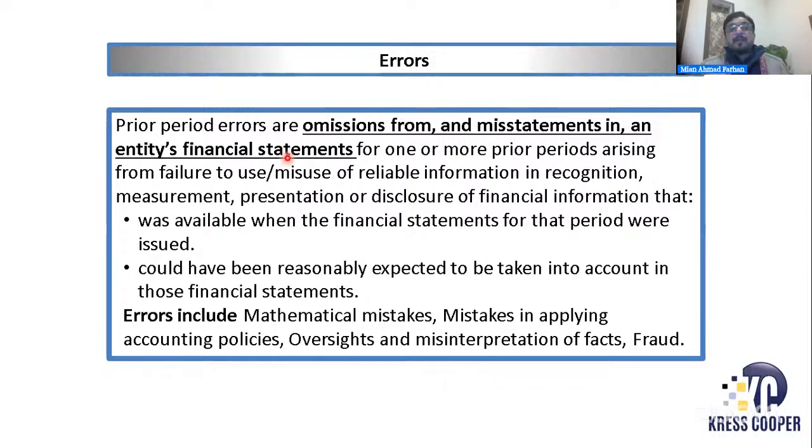So prior period errors are omissions from and misstatements in an entity's financial statements for one or more prior periods arising from the failure to use or misuse of reliable information in recognition, measurement, presentation, or disclosure of the financial statements. So error may include mathematical error or fraud, etc., whatsoever.